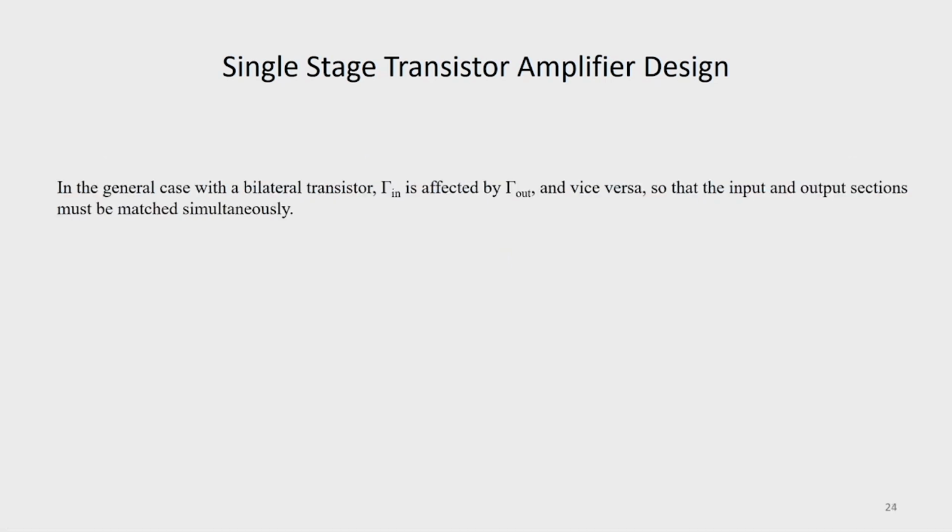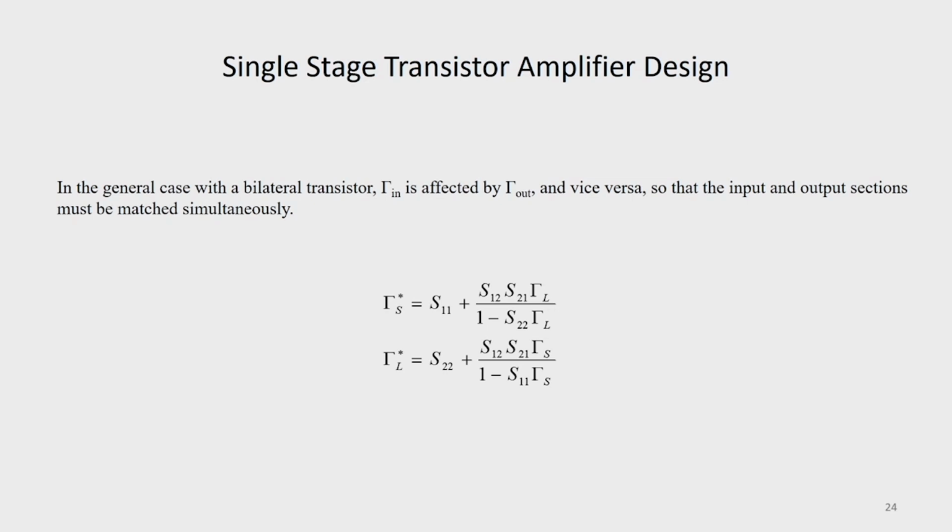So, in the general case with a bilateral transistor, gamma in is affected by gamma out and vice versa, so that the input and output sections are required to be matched simultaneously.